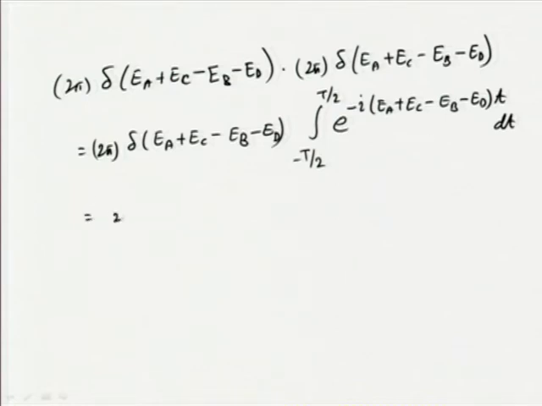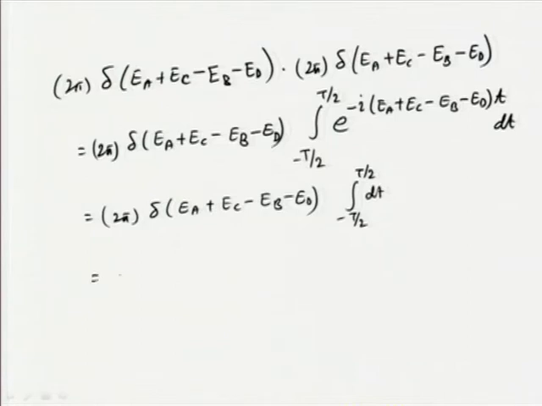So essentially we have 2π δ(E_a + E_c − E_b − E_d) times the integral dt from −t/2 to t/2. That will give me 2π, one delta function as it is, and a factor T, whatever the time interval is.